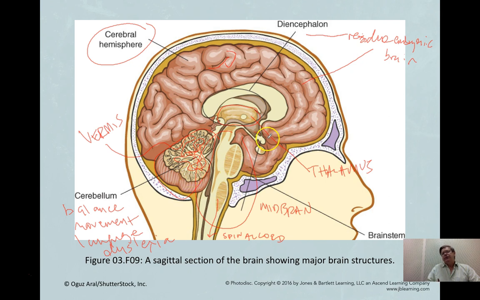It's connected to the cerebellum and the cerebral hemispheres via the thalamus, which is sometimes called a relay station, where the signals in the central nervous system are relayed from the spinal cord to the cortex and back again through the thalamus.